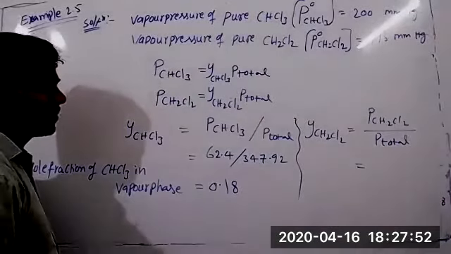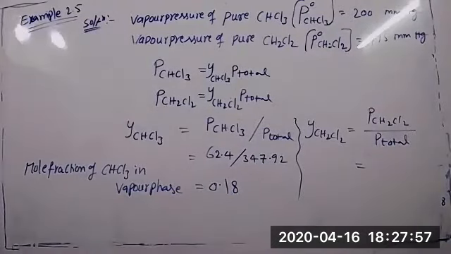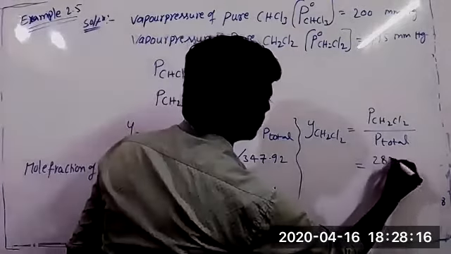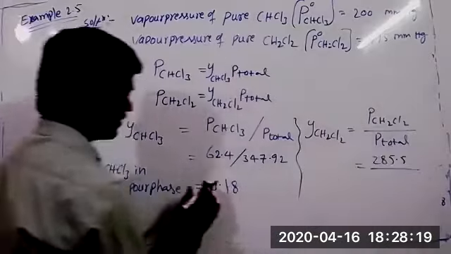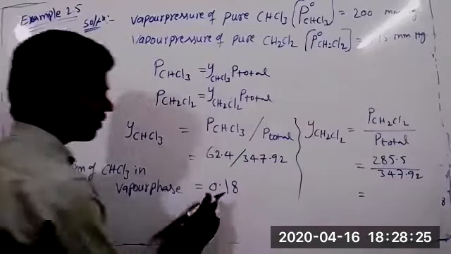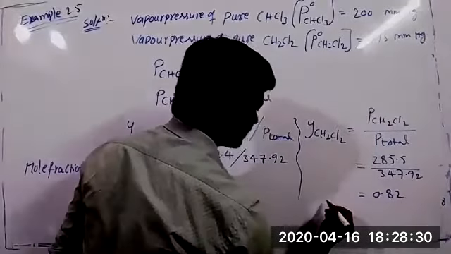Partial pressure of dichloromethane, how much? 285.5 divided by P total, same value, 347.92. Answer is 1 minus 0.18, so 0.82. That's all.